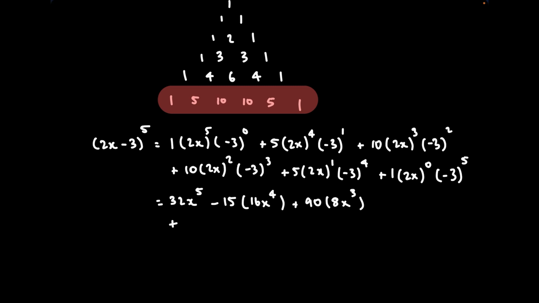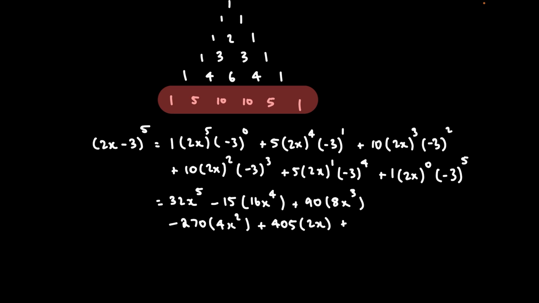plus minus 3 cubed is 27, minus 27, so it'd be minus 270 times by 4x squared, plus 81 times 5 is 405. So 405 times 2x, plus 3 to the power of 5, I'm not sure what that is.